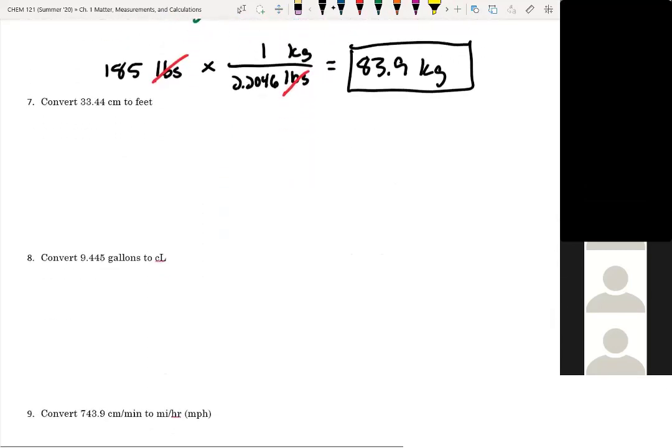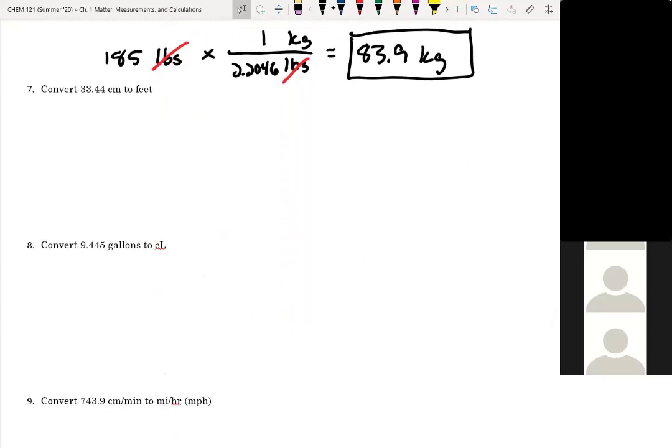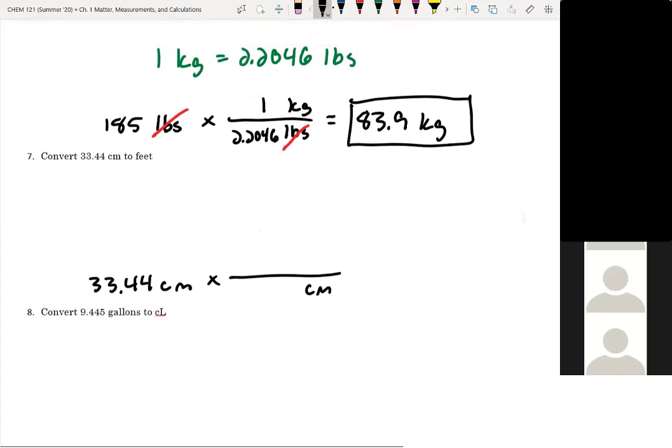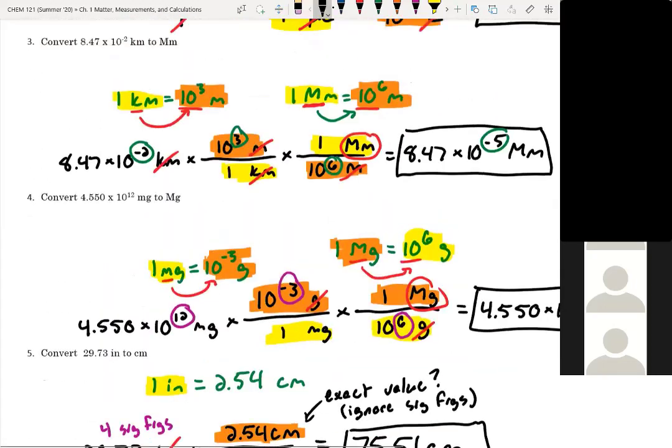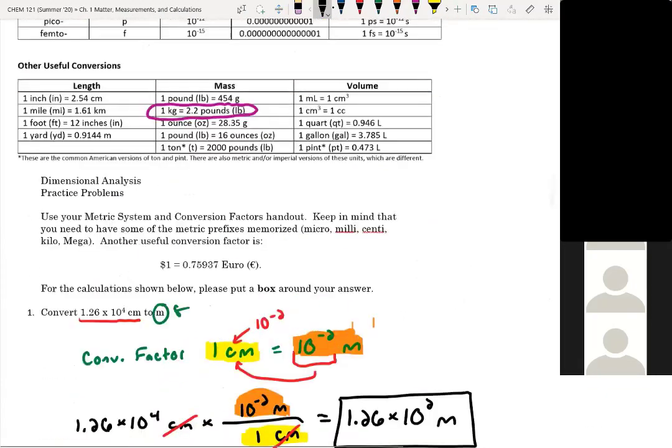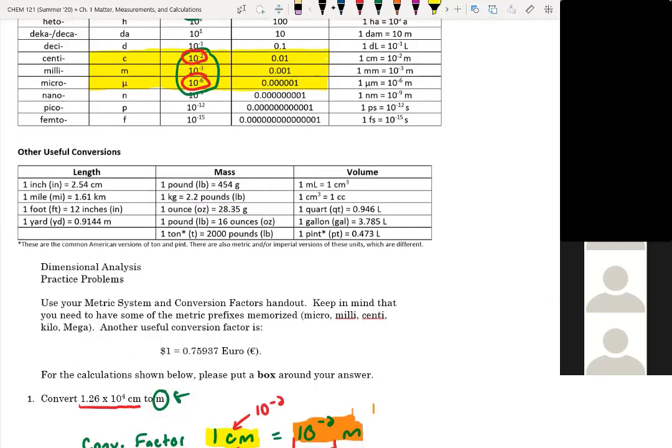All right. So next one, we've got to convert centimeters to feet. So 33.44 centimeters. We're going to have to cancel out centimeters, so I'm going to put that on the bottom. And let's see if we can find a way to convert centimeters to feet using our chart. We'll see what we have in our chart that could be helpful. So we're dealing with length.